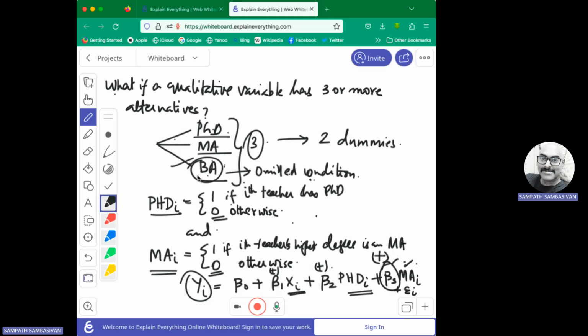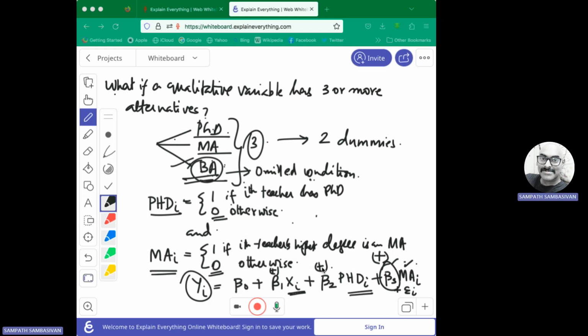And the omitted condition here in this case would be that of the BA degree. And when would the omitted condition be satisfied? When both these dummy variables take the value 0. When PhDi and MAi, both of them take the value 0, right? Then that would represent the omitted condition, which is the highest degree of the person is BA.